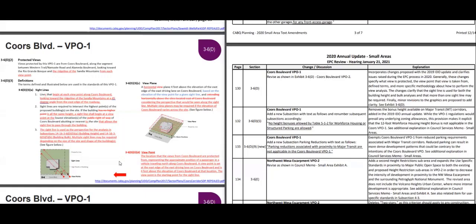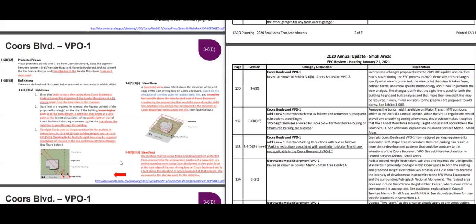The next new defined term is for viewpoint. It's something that we showed in some of the illustrations, but it wasn't defined. So this is the way that we're tying together all these different analyses. A viewpoint is defined as the location that views from Coors Boulevard are protected from, representing the approximate position of a passenger in a vehicle traveling north along Coors Boulevard.